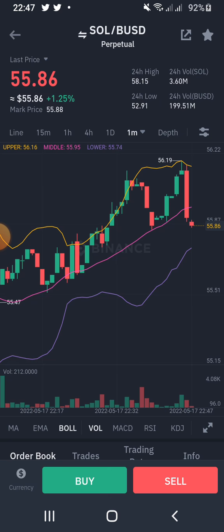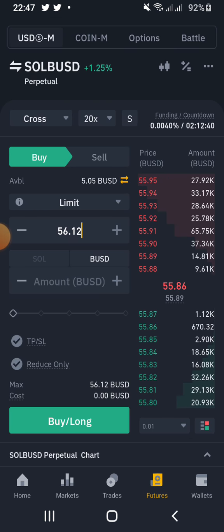You could decide to use a leverage of about 10x, which means that whichever direction the price goes, the outcome is going to be 10x in your favor or 10x against your favor. This is one major concept you want to know.